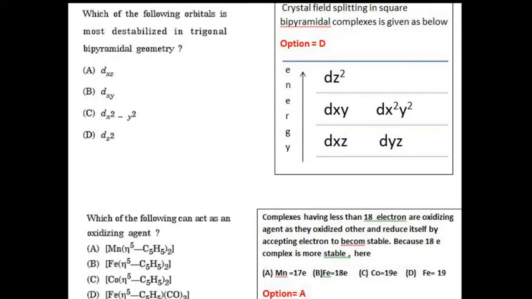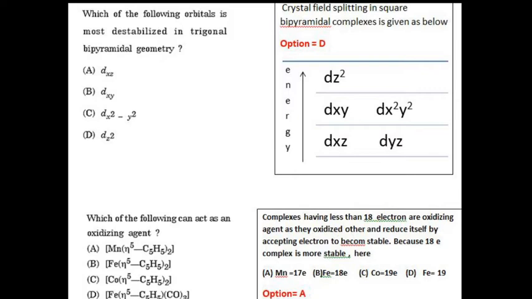Moving to the next question: which of the following orbitals is most destabilized in trigonal bipyramidal geometry? It asks which orbital has the most destabilization. We know that energy is inversely proportional to stability. The more the energy of an orbital, the less its stability.